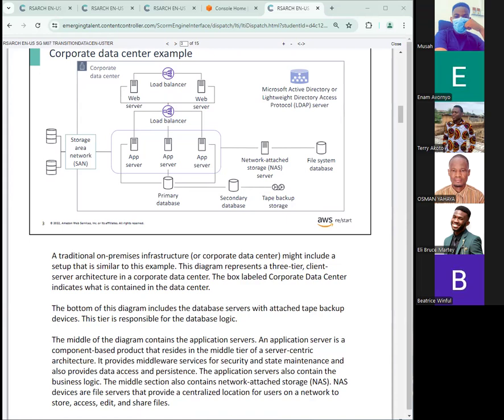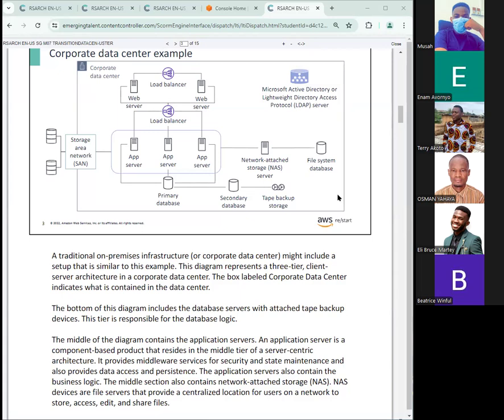The network resources could include printers and file shares. When we talk about file shares, please bear in mind that this thing we are looking at is more internal, because we're looking at a corporate data center. So this is a traditional setting. Probably everybody in HR should be able to have access to some HR related information.